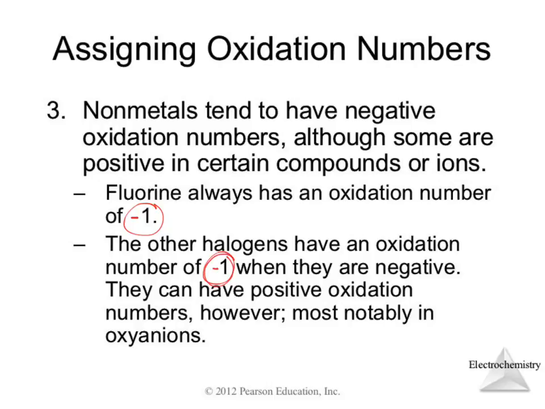They can be positive, typically when in oxyanions, a fancy way of saying an electronegative element like oxygen. They typically become positive when bound to oxygen. Why? Oxygen is the second most electronegative element on the periodic table. So these rules are really things that we should, in theory, already know and be applying. Whether that's obvious, that's a separate issue. And I'm not saying it's easy, but there are rules that we've already worked with.